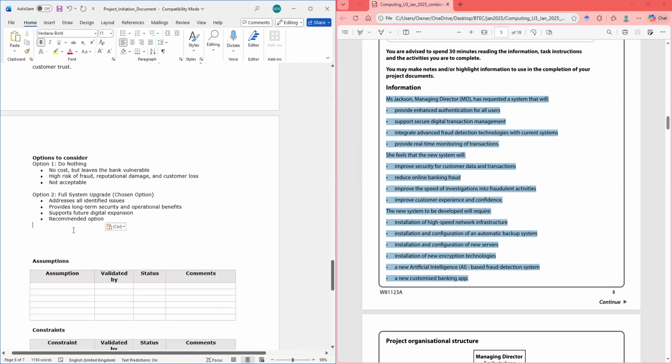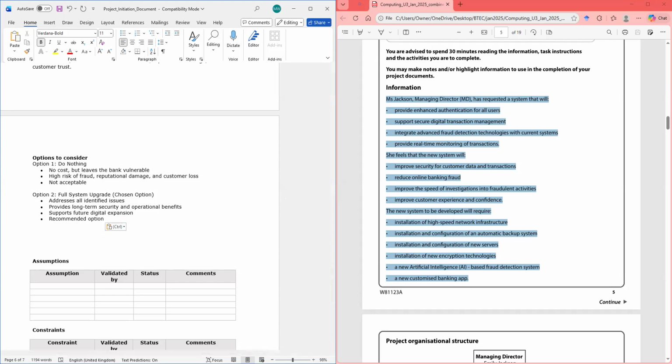I could do a full upgrade of the system, which is my chosen option, address all identified issues, provide long-term security and operational benefits, support future digital expansion, and this would be my recommended option. So the reason and the options would come under the purpose of the project. So you have to go into the exam with a structure in mind of how to write the business case.